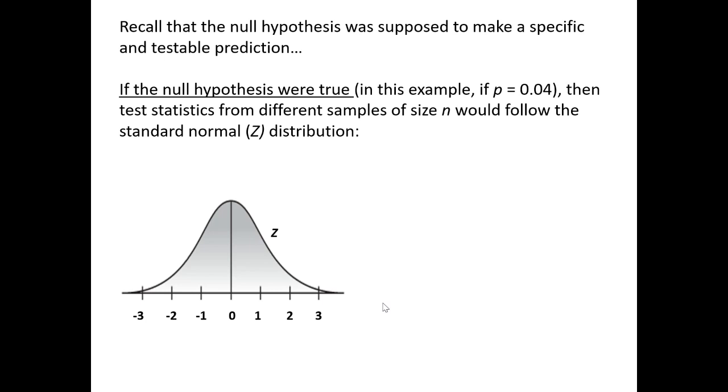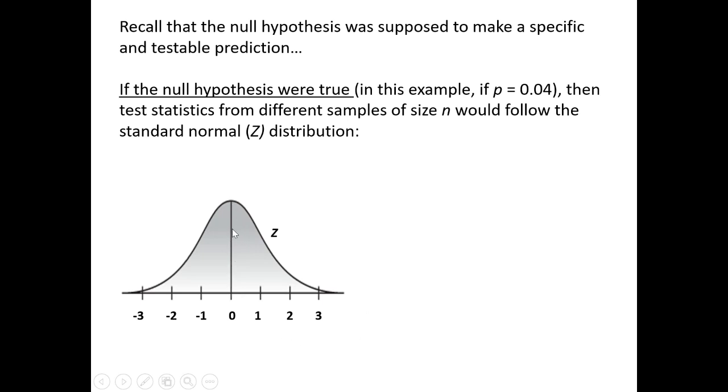All right, so we're getting to my favorite step. It's all coming together now. Remember we said in video number 1 that the null hypothesis has to make a specific and testable prediction. It's saying, what if p were 0.04? And we collect lots of samples, compute lots of p hats. How would they be laid out?